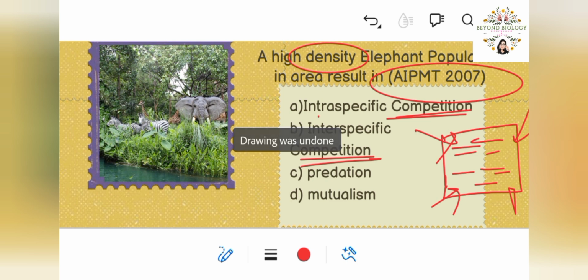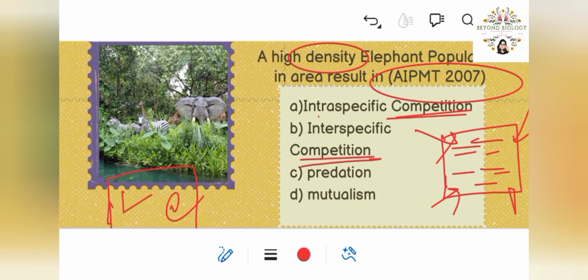I hope you remember the example, in a room, if you have a lion, a cheetah and a zebra. So what will happen? The lion and the cheetah will compete for their food. So in that case, it was a competition, but between what? Between lion and cheetah, which are 2 different species.